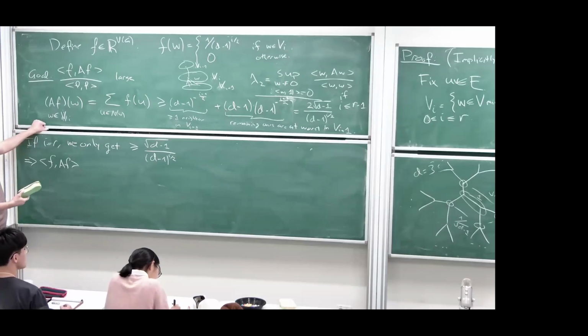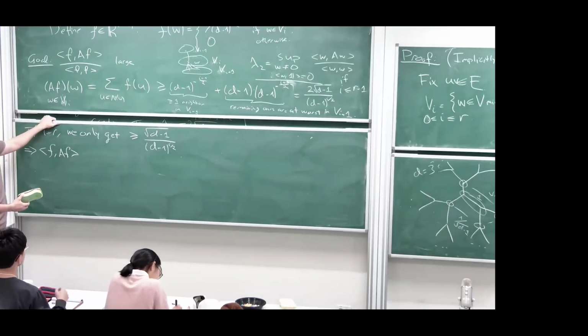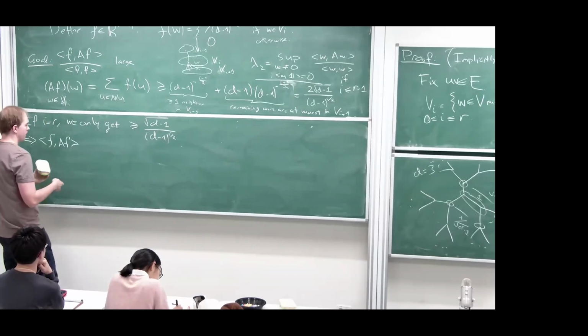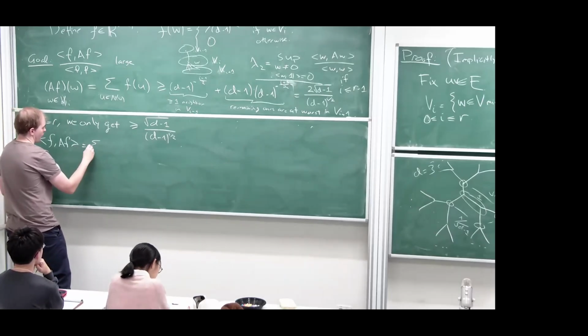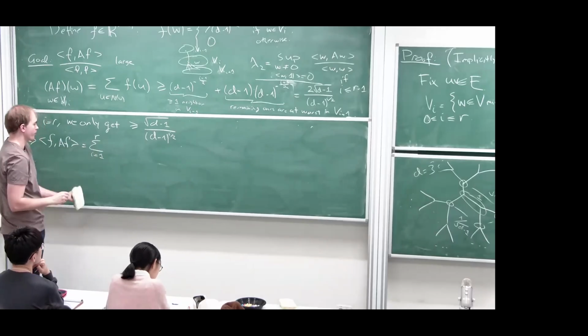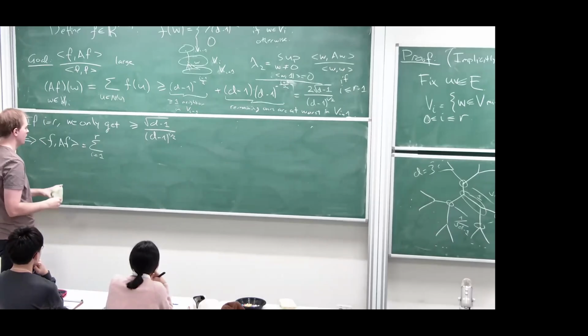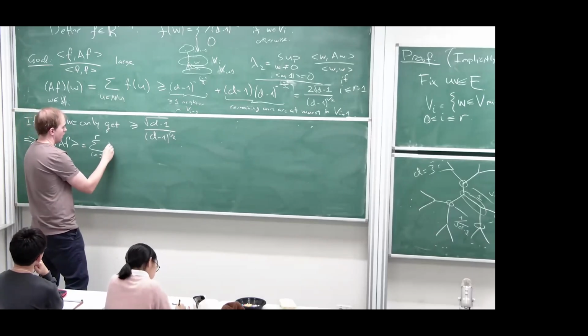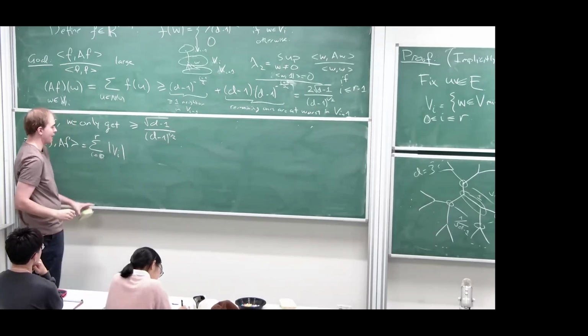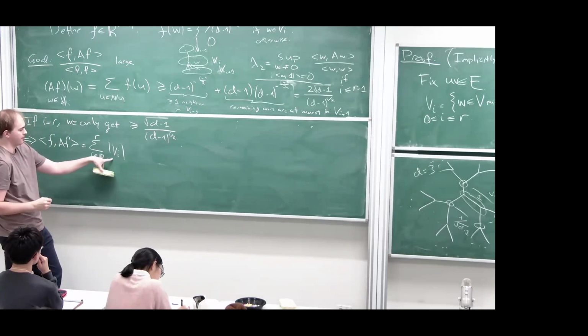So in particular, if we take the inner product of f and Af, then on level I, there are V_I many vertices.